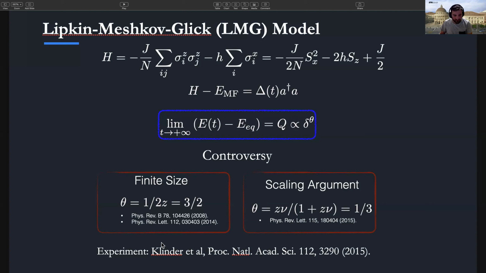And when you take the results of the papers that I've told you before, the finite size scaling argument and the perturbation theory argument from Polkovnikov, and you plug in the critical exponent of the fully connected model, the two results do not agree. One gives you 3/2 for theta and one gives you 1/3. So you see the two results do not agree with each other. This is what first moved our interest.